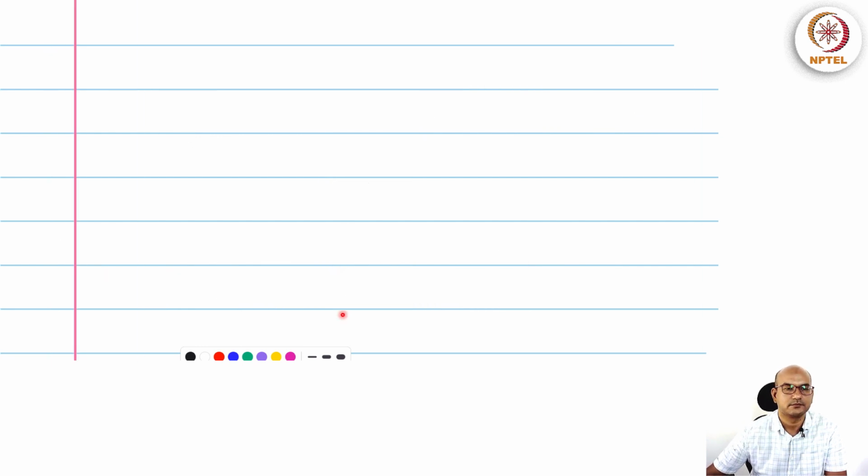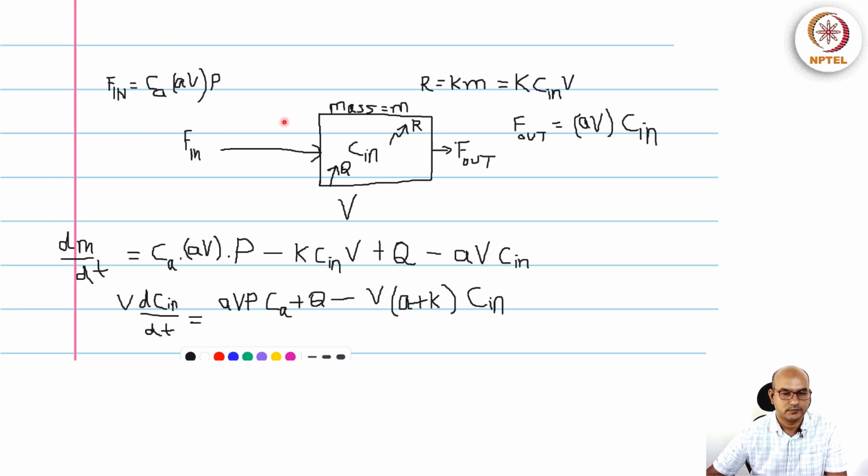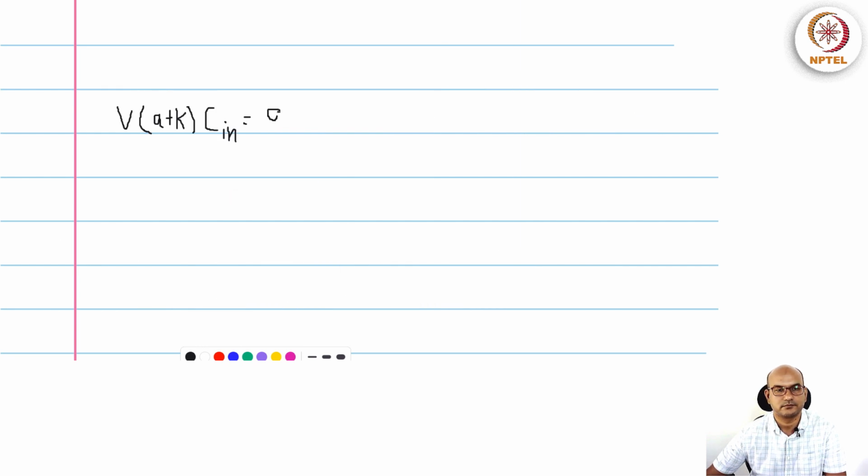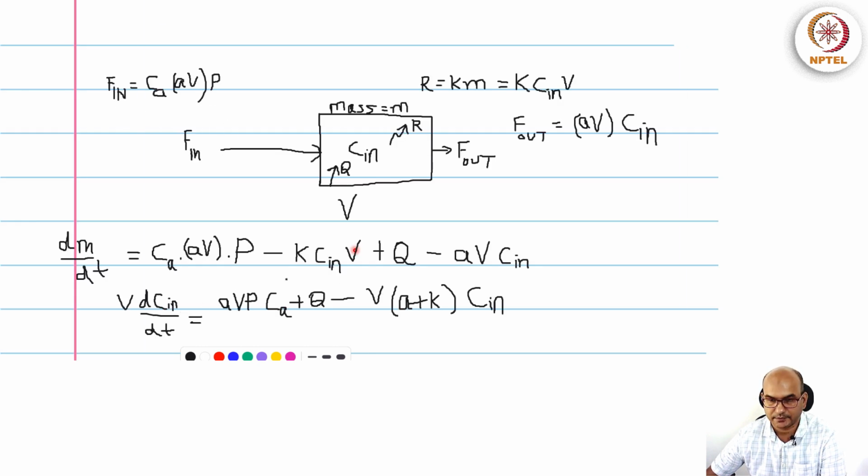So we are going to get V times A plus K, C in, is equal to A V P C A plus Q, excuse me, minus V dC in by dt.